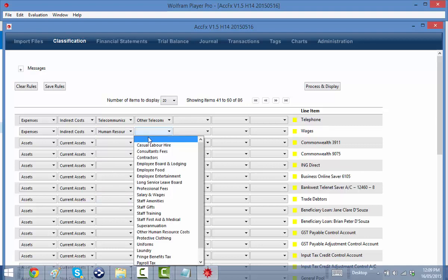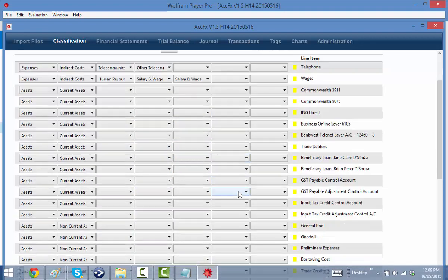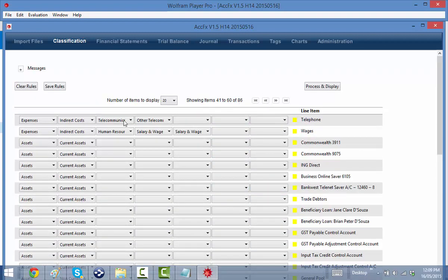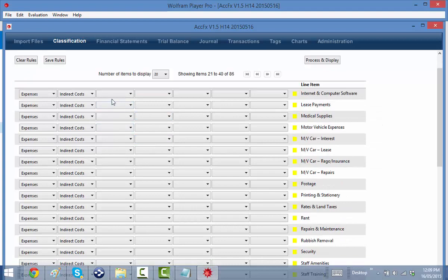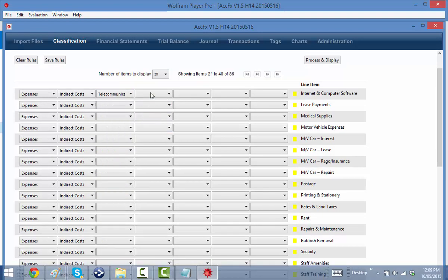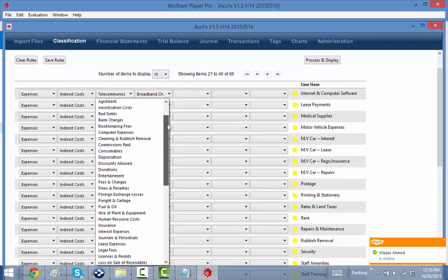And once again, wages, salary and wages, doesn't say anything about associated persons. We can see we're there to the assets then. So just back again, and we'll work our way through telecommunications, broadband, internet and computer software.